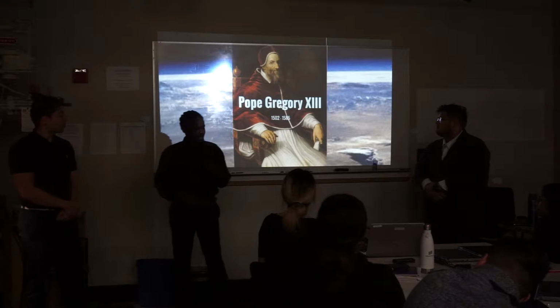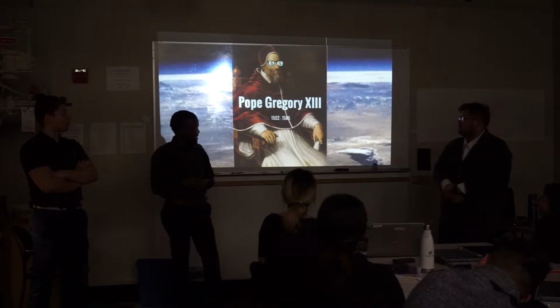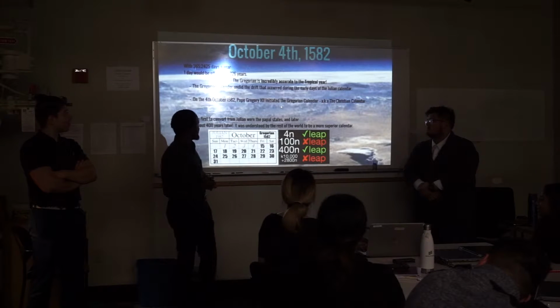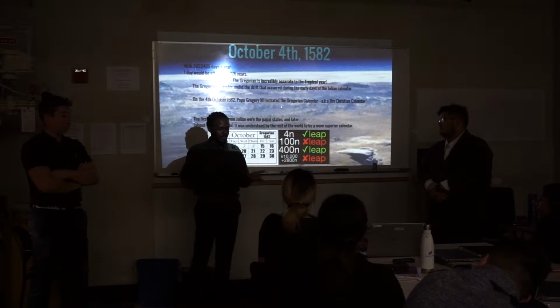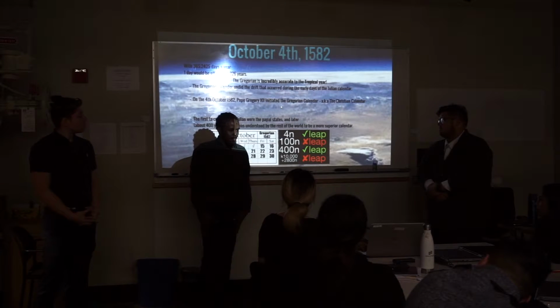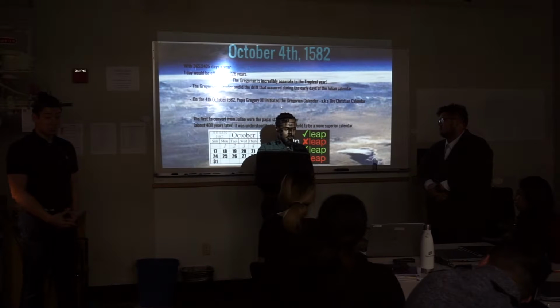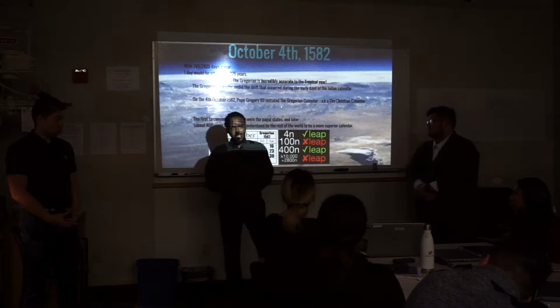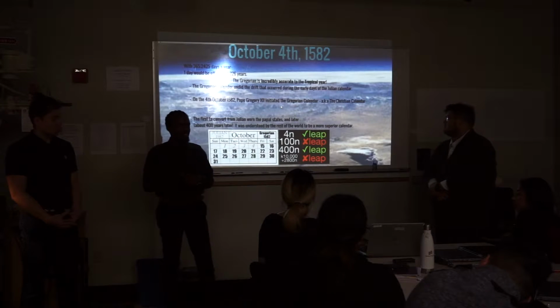And in comes Pope Gregory XIII. So back to 1550. He got a bunch of mathematicians in, and they adjusted it so that it would be a lot closer to the tropical year, so that it would be more accurate. So every year is 365.2425 days.